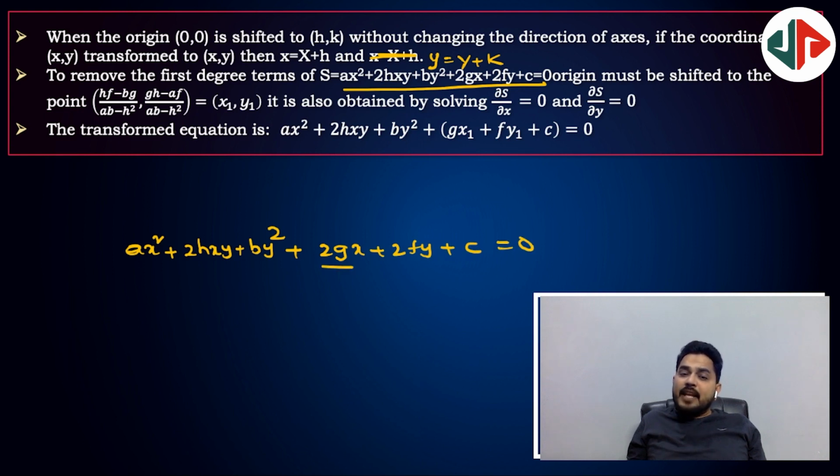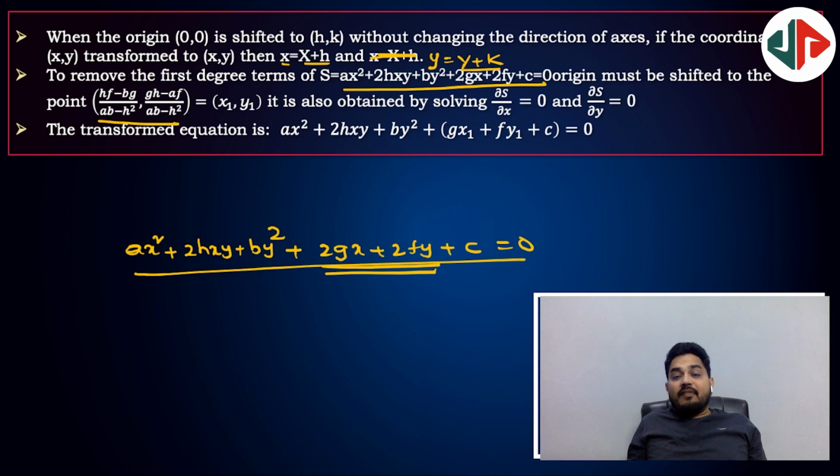To eliminate these linear terms, you need to shift the origin to this point. Small x is equal to capital X plus h, small y is equal to capital Y plus k. You substitute here and simplify, and set the x coefficient and y coefficient to 0.